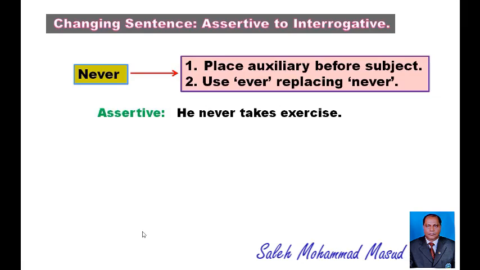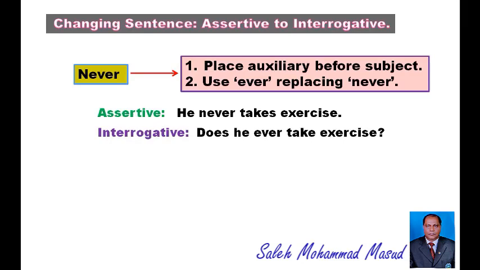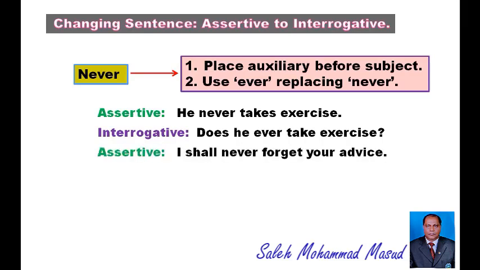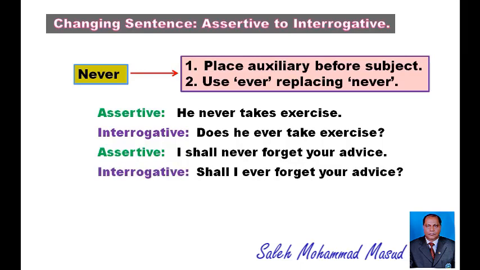Assertive: he never takes exercise. The answer would be, does he ever take exercise? Again, I shall never forget your advice. The interrogative form would be, shall I ever forget your advice?